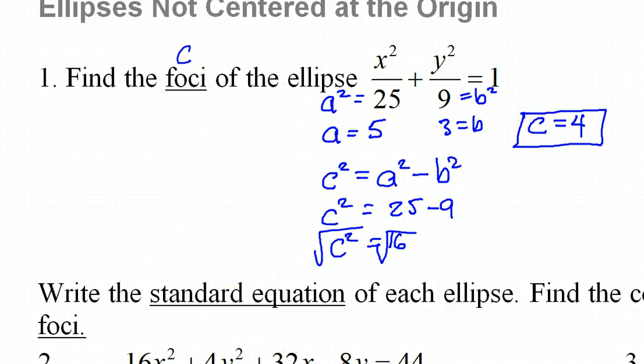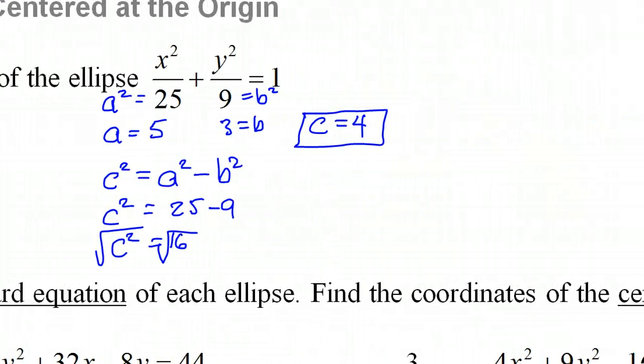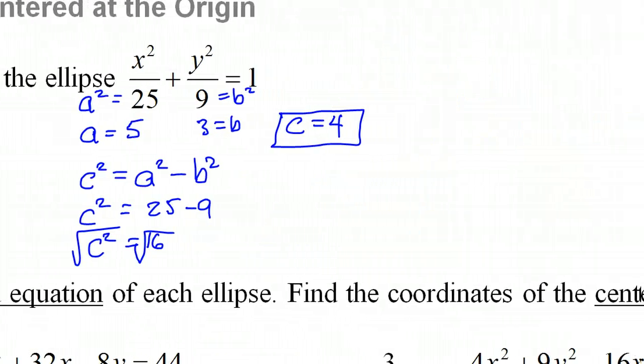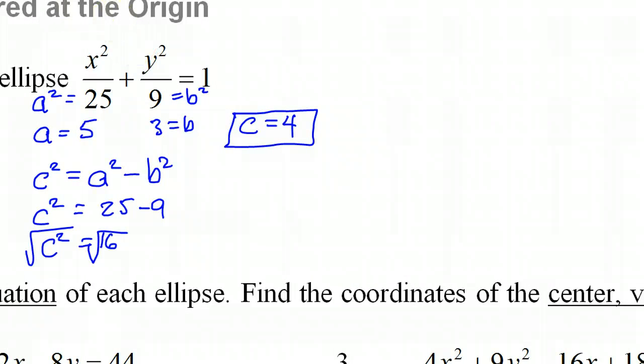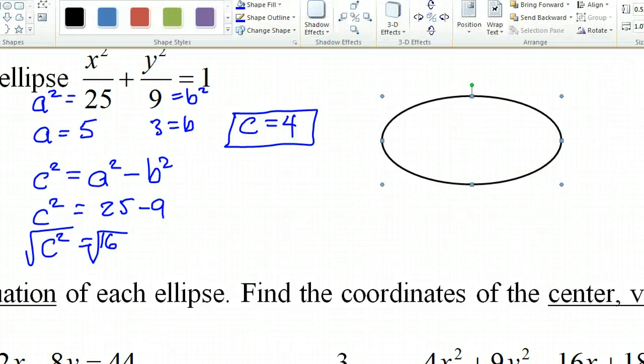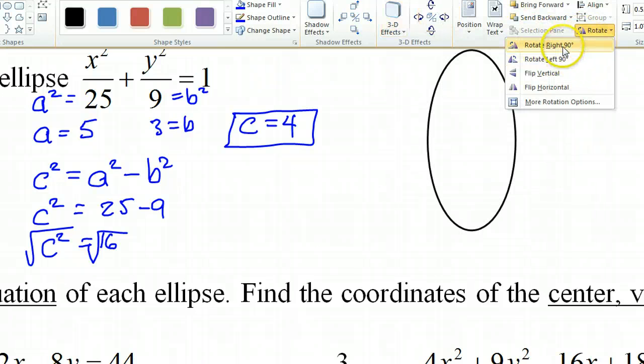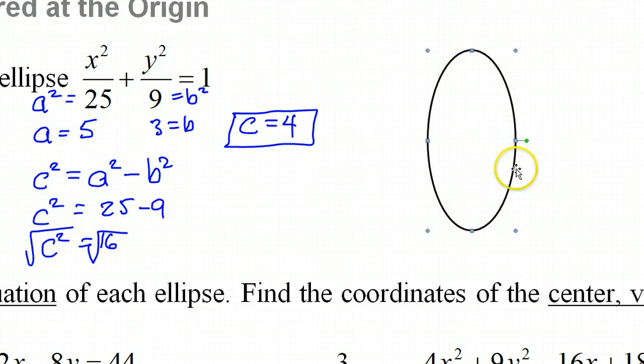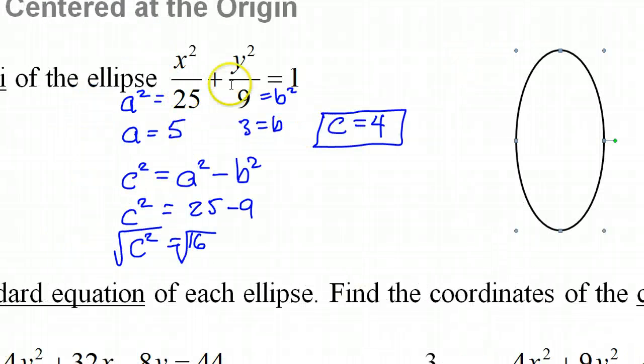Now, remember that when we're dealing with an ellipse, we might have an ellipse that's stretched out horizontally like this, or it might be vertical like this. So look at this equation.